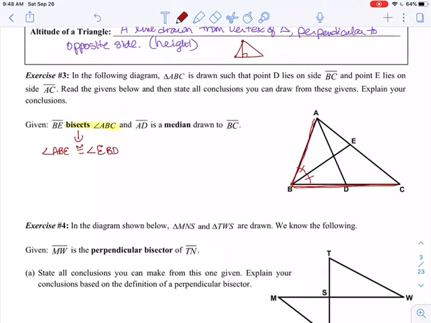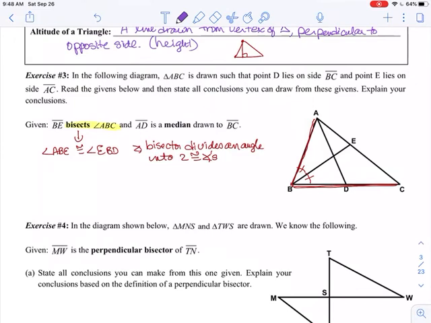Okay, so that's the first thing. Now why? When we do an actual proof, we're going to need a reason. And the reason is an angle bisector divides an angle into two congruent angles. So it divides it in half.